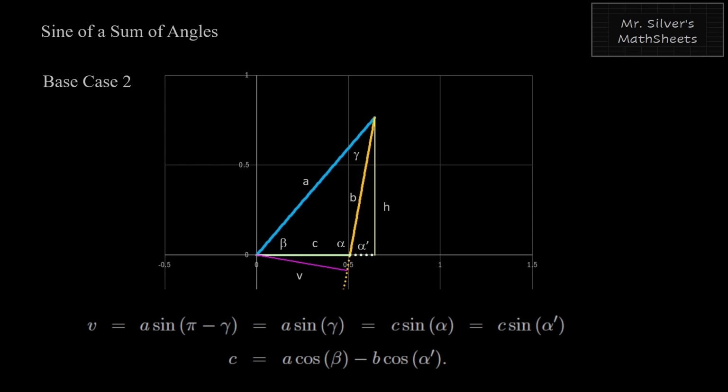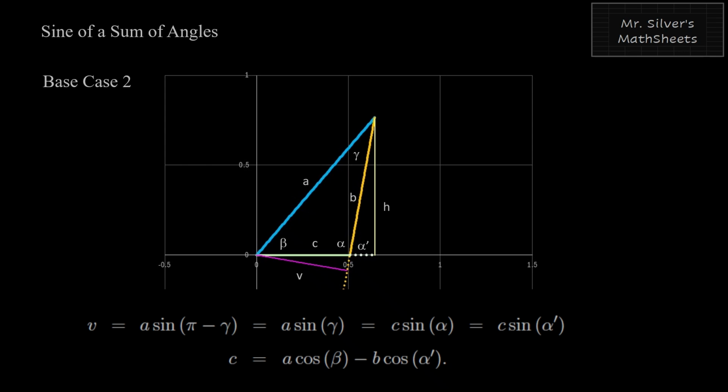Well, case 2. We're going to consider this triangle, and we're actually going to use alpha prime, not alpha. Alpha prime is the external angle, and one thing to note about external angles is that alpha prime sums to beta plus gamma. Another thing to note is that c is now the difference between two things.